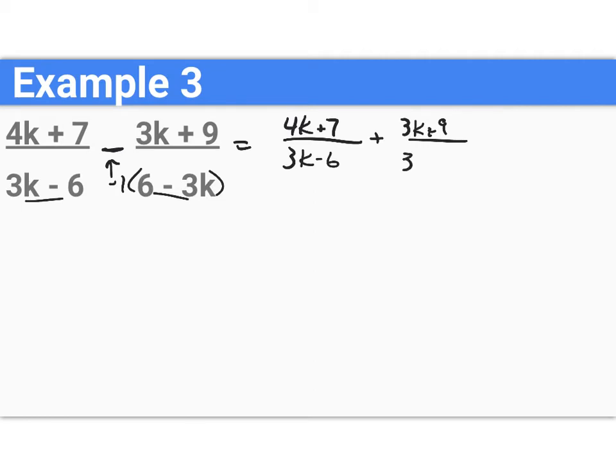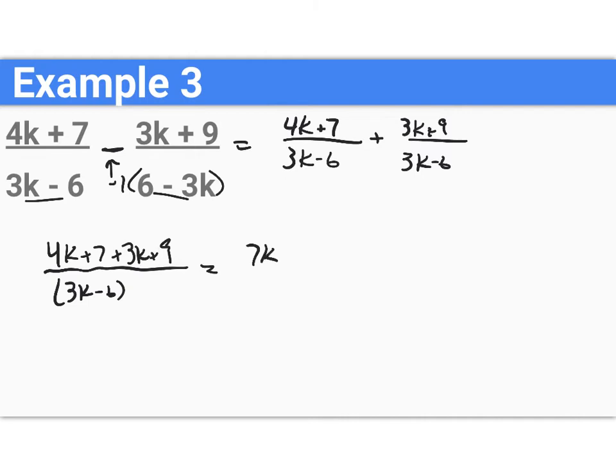So we get 3k minus 6. So now we can add the tops. 4k plus 7 plus 3k plus 9 all over 3k minus 6. So we get 7k plus 16 all over 3k minus 6.